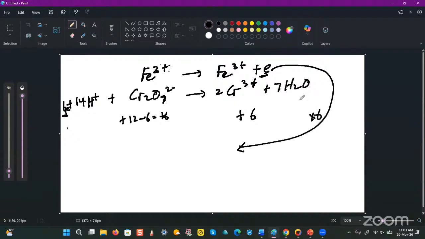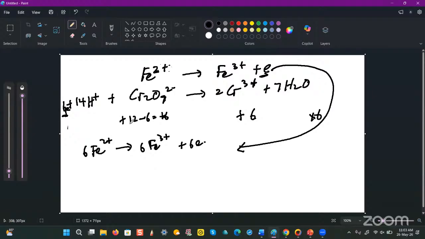Because when we multiply this by 6, we're going to end up with 6 electrons, which is the same as the 6 electrons on this side. But we have to multiply everything by 6, right? So this becomes 6 Fe2+ to form 6 Fe3+ plus 6 electrons. All right? So that's how we achieve the electron balance, right?